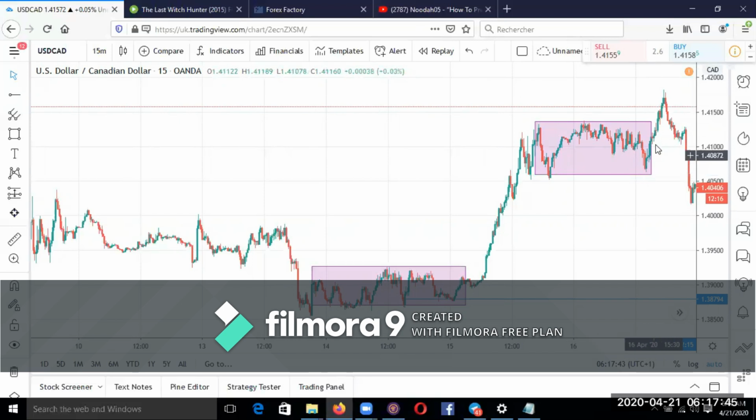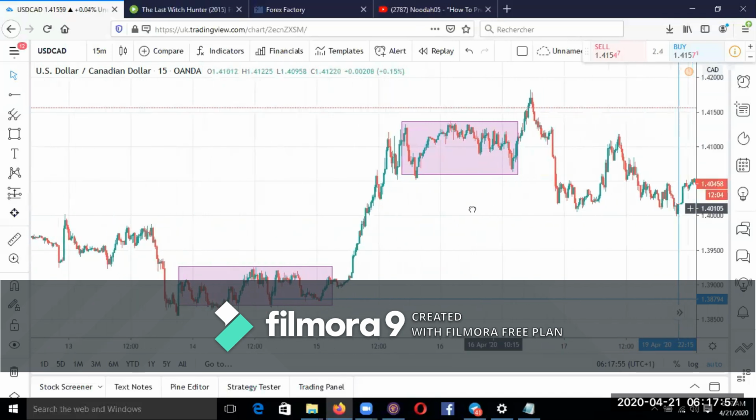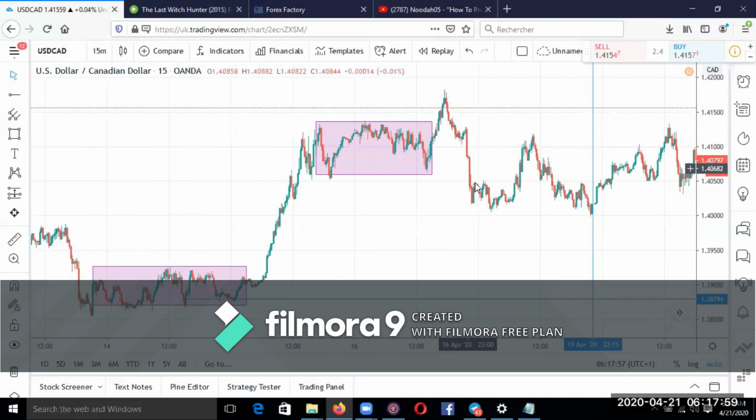You see the market retrace a little bit, but taking out the stops of all these other people because liquidity is over here. Now, once it hit the stop, you see the market reverse. It gives you a second entry here by filling what they call the fair value gap.